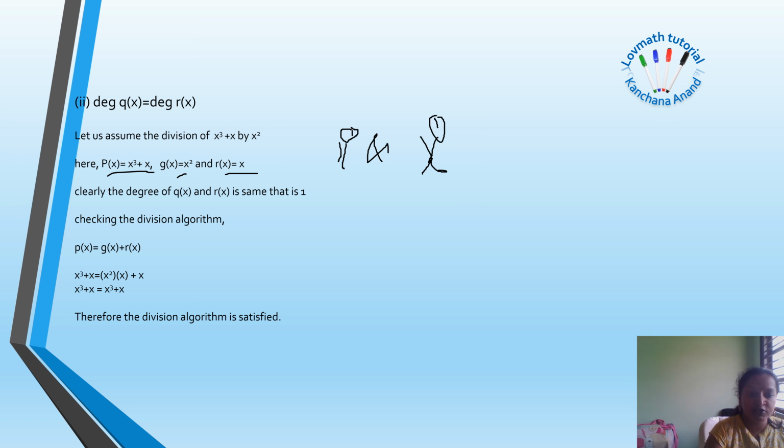Checking the division algorithm, p of x is equal to g of x into q of x plus r of x, x cube plus x is equal to x square into x plus x, that is x cube plus x is equal to x cube plus x. Therefore, the division algorithm is satisfied.